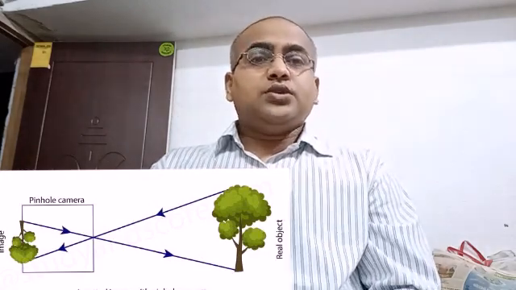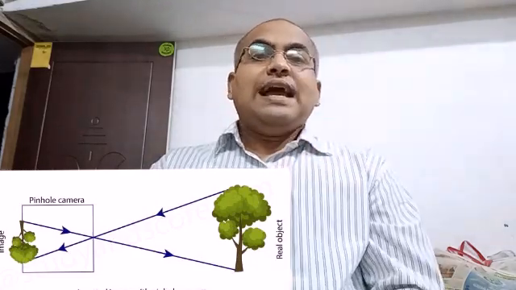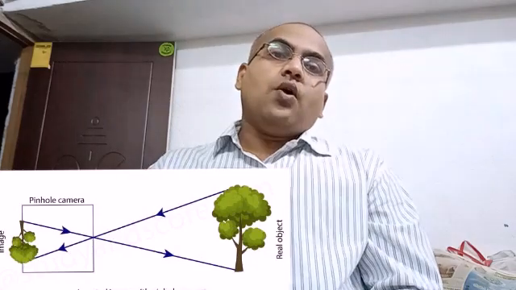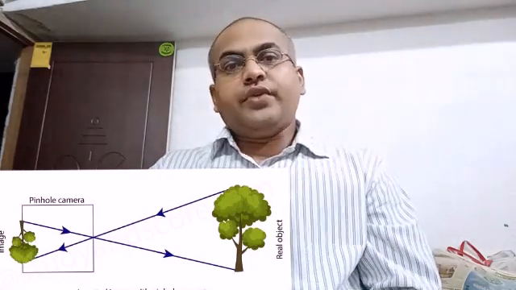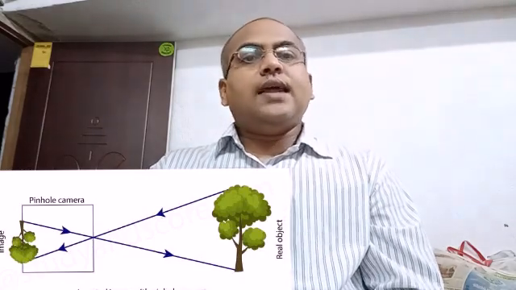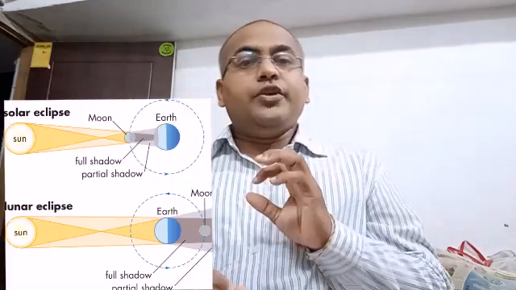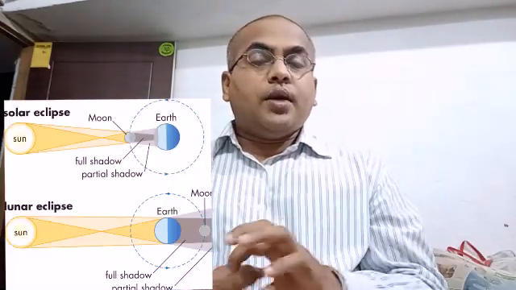And remember class, this whole thing is going on because of only one principle, and that is light always travels in a straight line. Remember, we did an activity in the previous classes where we took a pipe or a rubber tube.